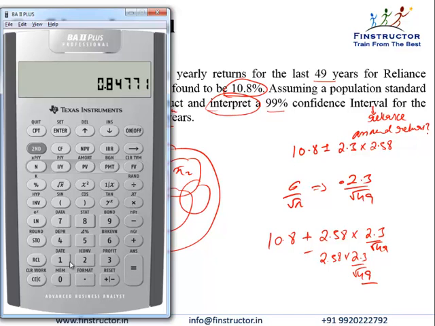We'll store this in the memory register 1. 10.8 we'll store in the memory register 2, minus recall 1, that is 9.95, and 10.8 plus recall 1 is the 99% confidence. So 99% of the times the value will be in the range of 9.95 to 11.65.